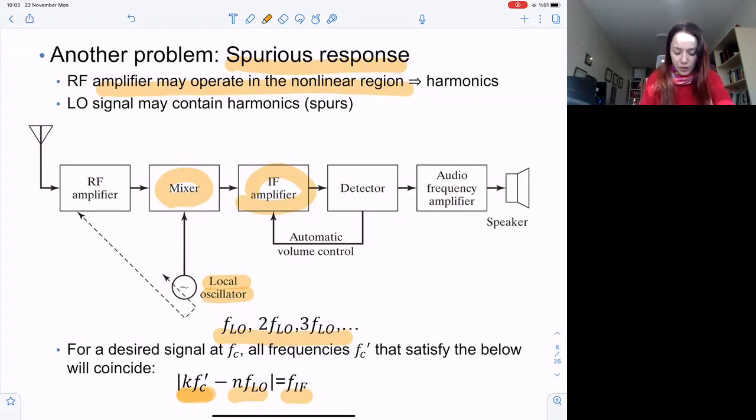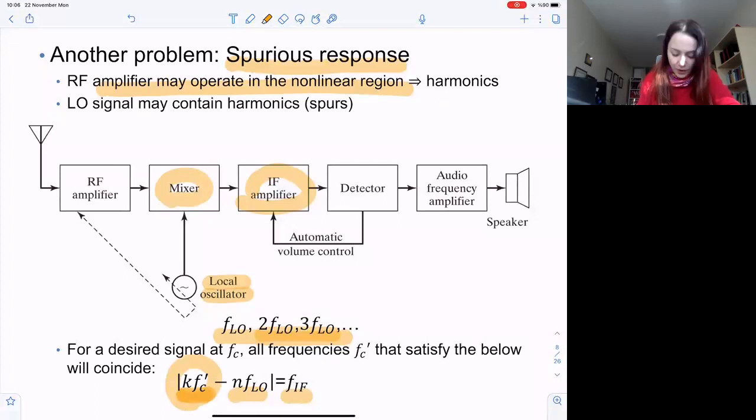Okay, so basically, here's the bottom line. If our local oscillator is producing harmonics due to the amplifier nonlinearities, then we will be admitting not only FC, but multiples of FC from the air.